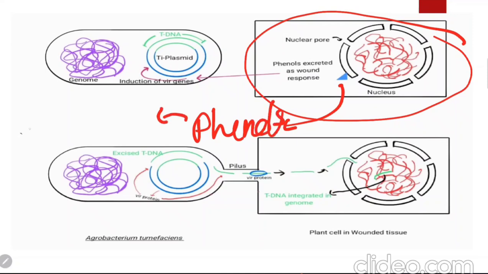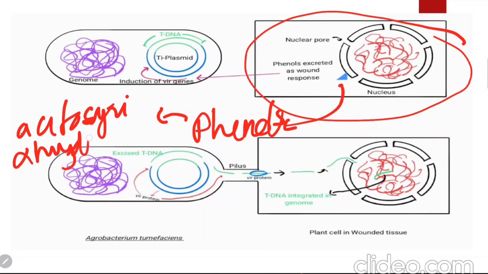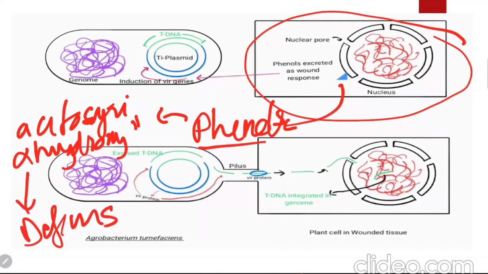Phenols such as acetosyringone and alpha hydroxy acetosyringone. These phenols are for defense against bacteria. But Agrobacterium tumefaciens uses them as a signal for induction of these Vir genes.